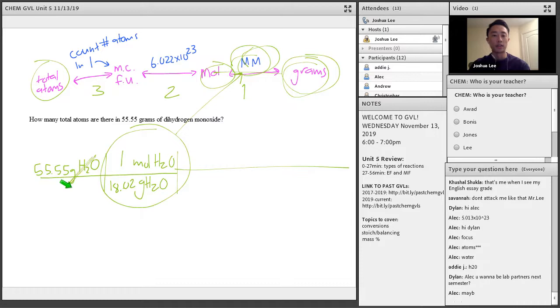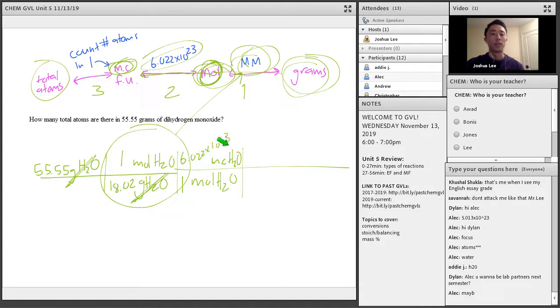So now grams of water cancels out. Now we're stuck at mole, so I have to get rid of mole and go to molecule of H2O. Mr. Mole is by himself, so I could give it a 1. Then, as I traverse from mole to molecule, I have to use Avogadro's number. So this is where I go 6.022 times 10 to the 23rd, because I know that's how many molecules there are in 1 mole.